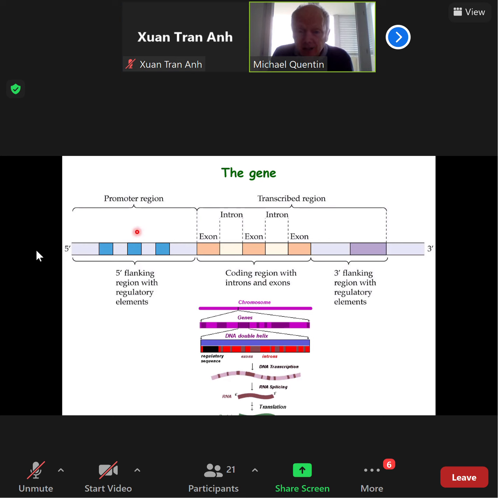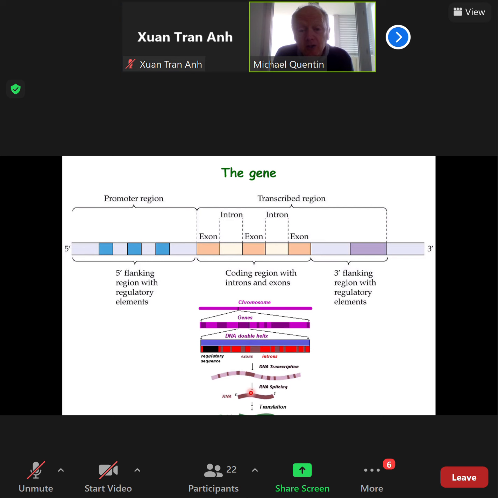This gene will be transcribed to give an RNA. DNA is transcribed into RNA. You will have a premature RNA that will be spliced. During splicing, the introns will be removed and will remain only the exons and the untranslated regions, the UTR.